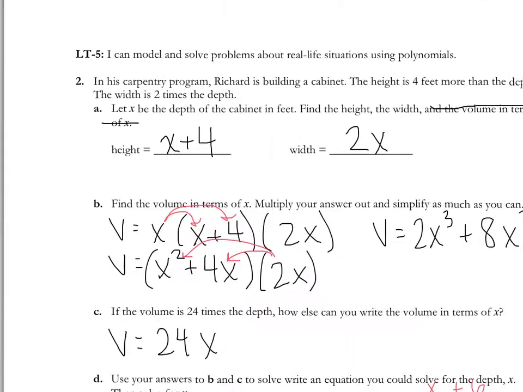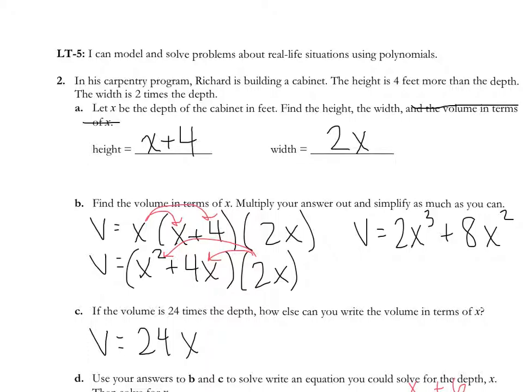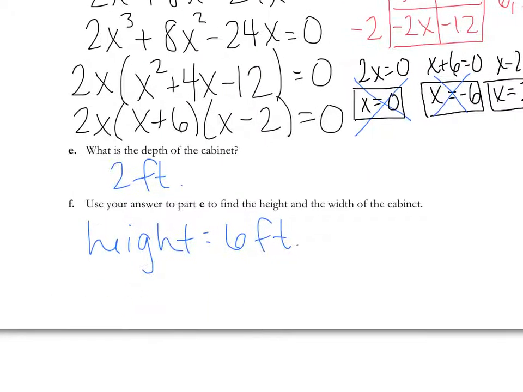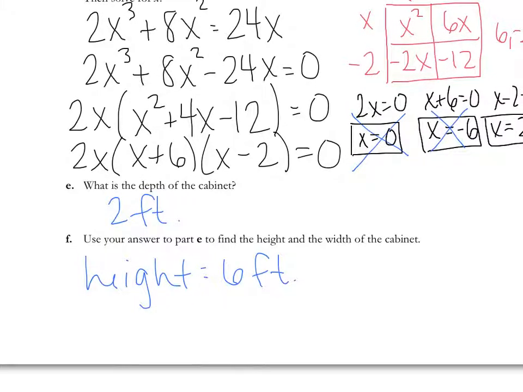We also knew that our width was 2 times the depth. So if our width is 2 times the depth, then our width needs to be 4 feet. So Richard is building a cabinet with a depth of 2 feet, a height of 6 feet, and a width of 4 feet.